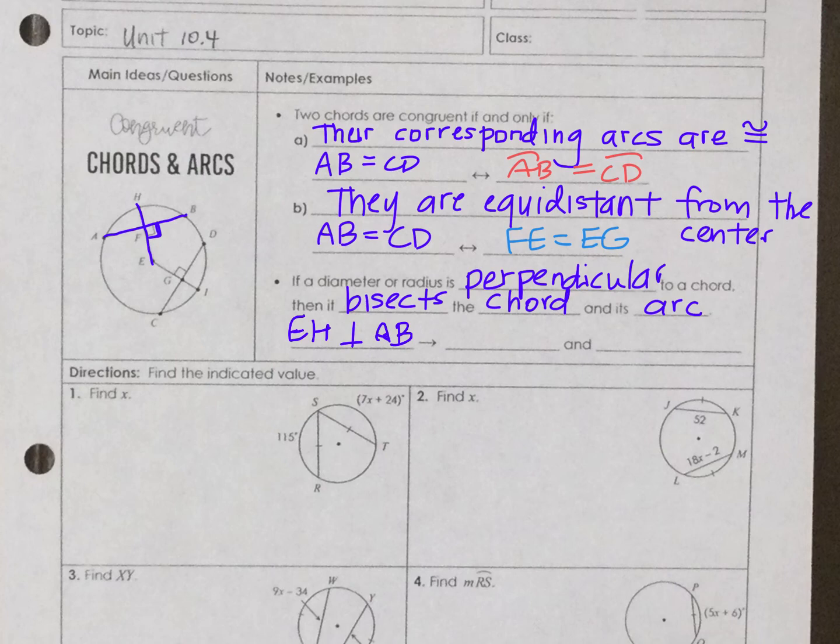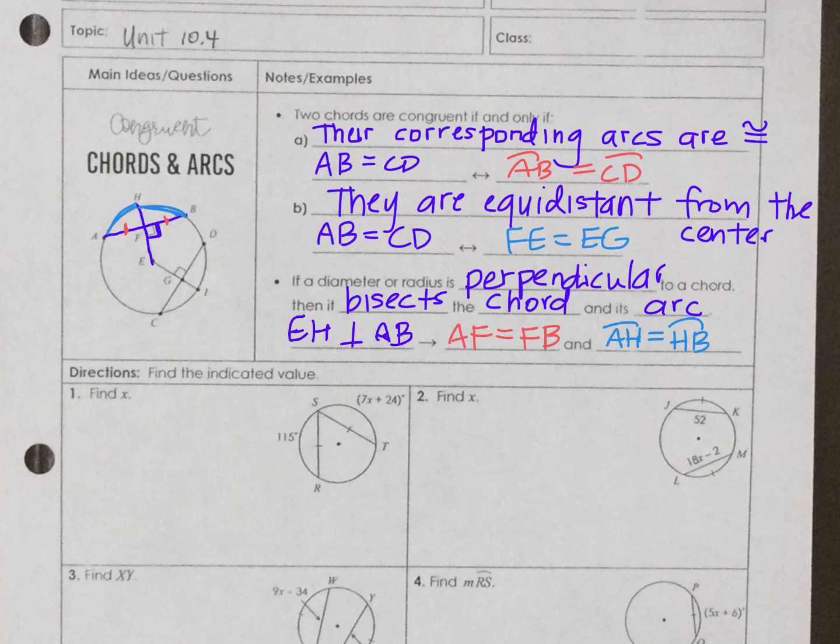So if those are perpendicular, then AF, this line right here, is going to be equal to this line on the other side, FB. And the same is true with the arc: arc AH is going to be equal to arc HB. So we're going to use that knowledge to answer these guys down here.